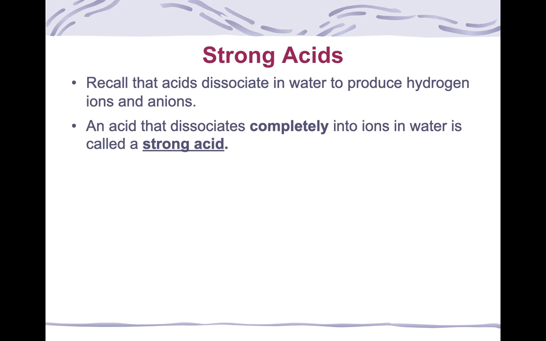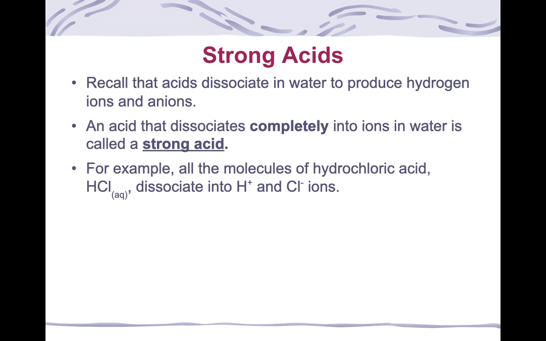With hydrochloric acid, for example, every single molecule of HCl breaks apart into hydrogen ions and chloride ions. There are no molecules of hydrochloric acid, the HCl, left in that solution. It's all hydrogen ions and chloride ions. And that's what makes it a strong acid. So there's the dissociation equation.